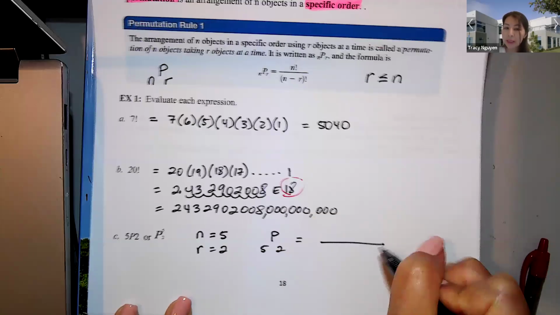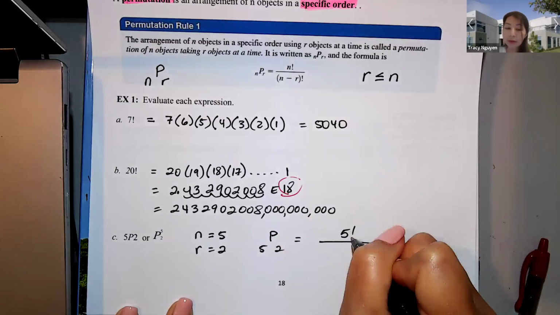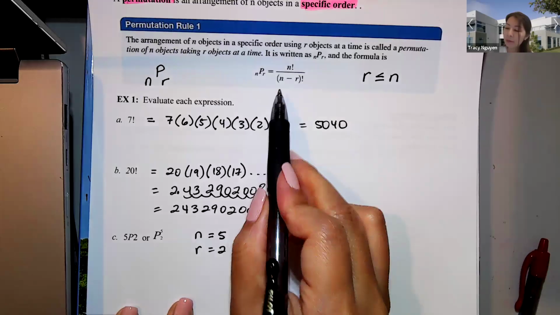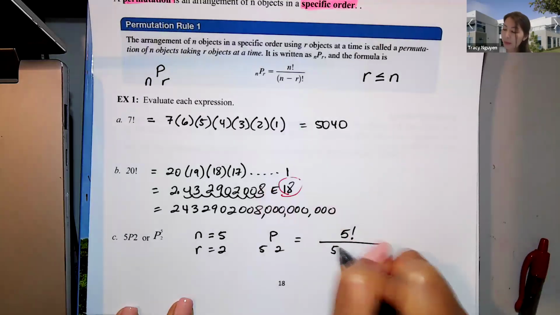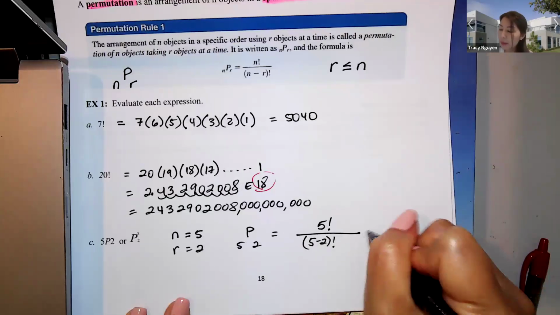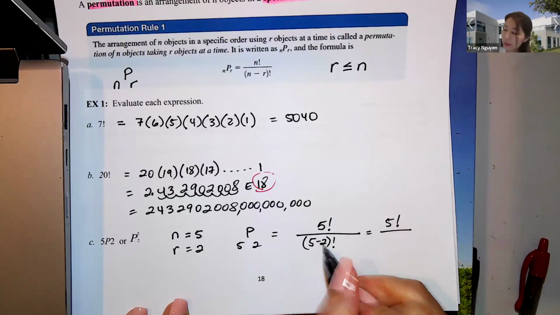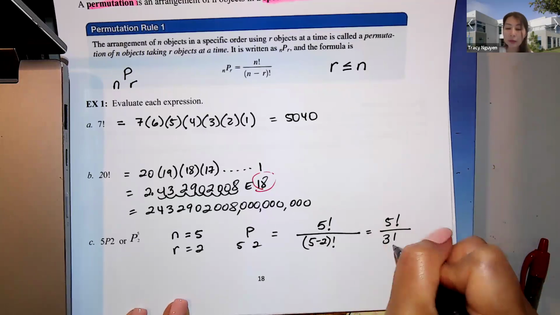We apply our permutation formula. The numerator is 5 factorial because it's n factorial. The denominator is n minus r, meaning 5 minus 2, then the factorial. Let me write this out: the denominator, 5 minus 2, is 3, so we write down 3 factorial.